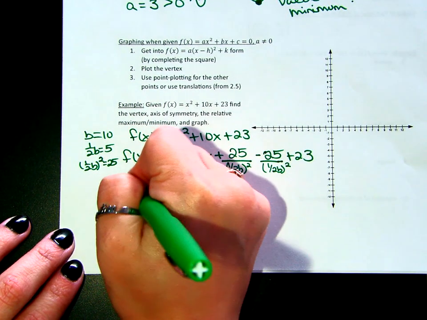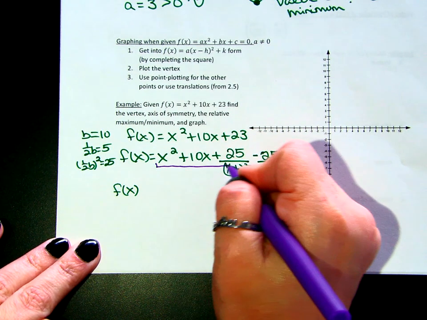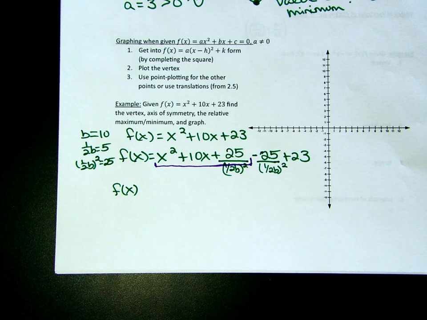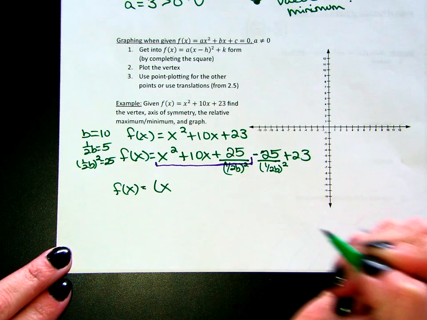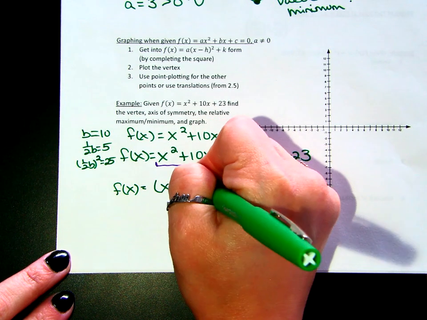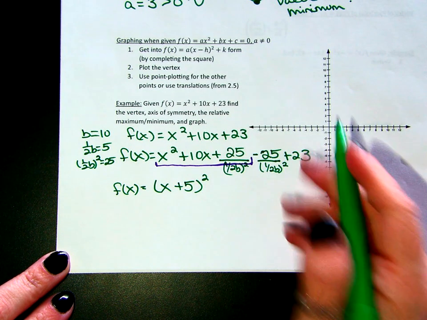What that is allowing us to do is these first three terms right here will be that perfect square that we're looking for. That's going to give us the x plus the 1/2 b, squared, and then we have a negative 25 plus 23, which gives me a negative 2.